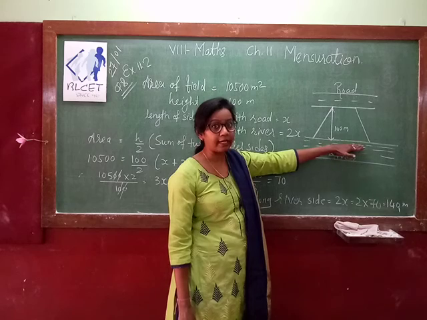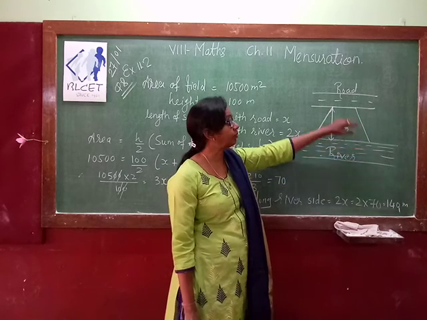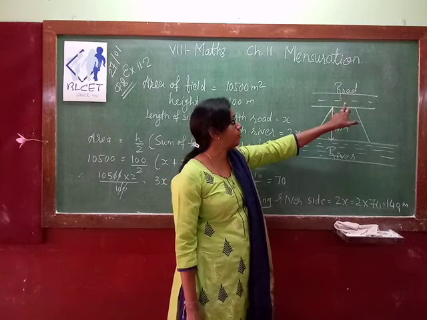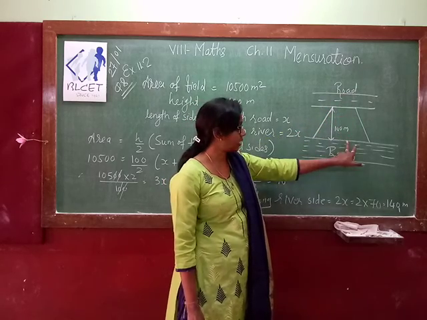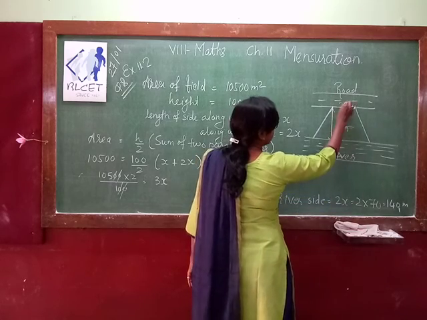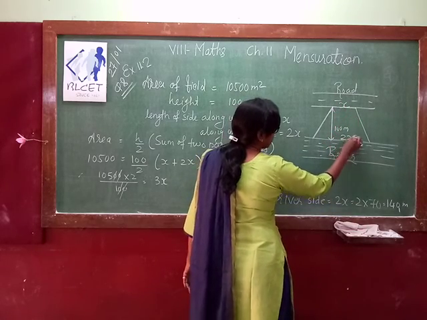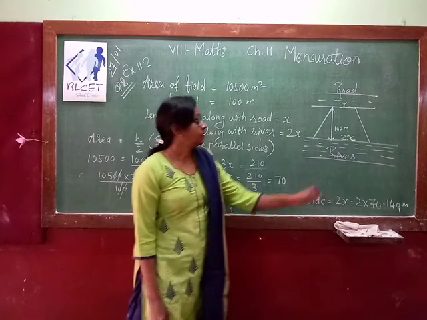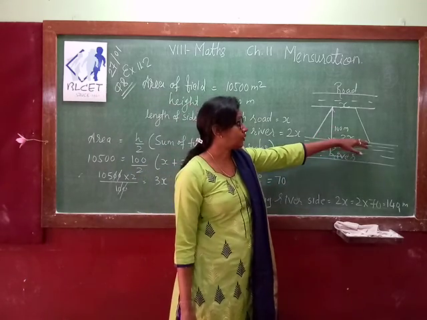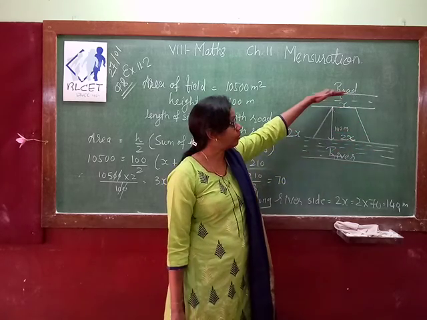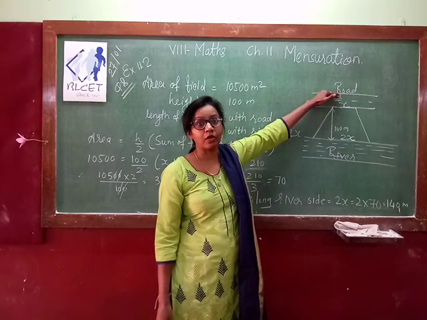So the river side length is twice whatever the side along the road is. So suppose this side is x, then this side is 2x. That is already given in your textbook, that the side which is along the river is parallel to and twice the length of the side along the road.